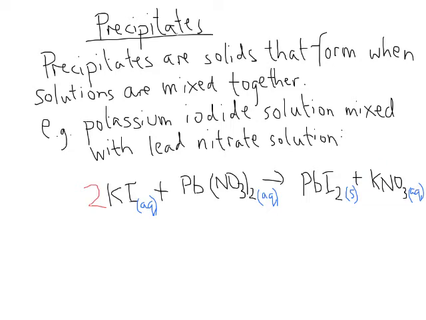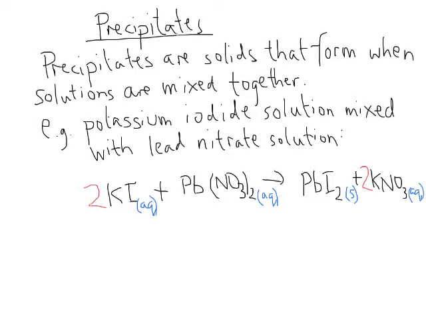So stick a 2 in front of here, and now it's going to work really well, because if I look at the nitrogens, I've got two nitrogens here, and two nitrogens there. Look at the oxygens, I've got 6 oxygens there, 2 times 3 is 6, and I've got 6 oxygens there, 2 times 3 is 6. So now this equation is perfectly balanced. So there's the same number of atoms on each side.